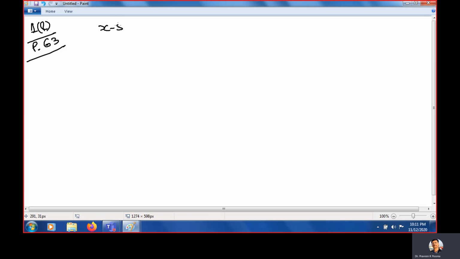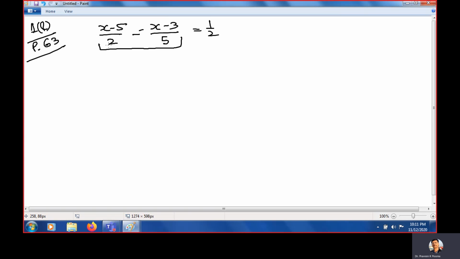It is x minus 5 upon 2 minus x minus 3 upon 5 equals 1 upon 2. Clear? Here you cannot use cross multiplication, because to get cross multiplication here we must have one term, but here we have two terms. Clear?